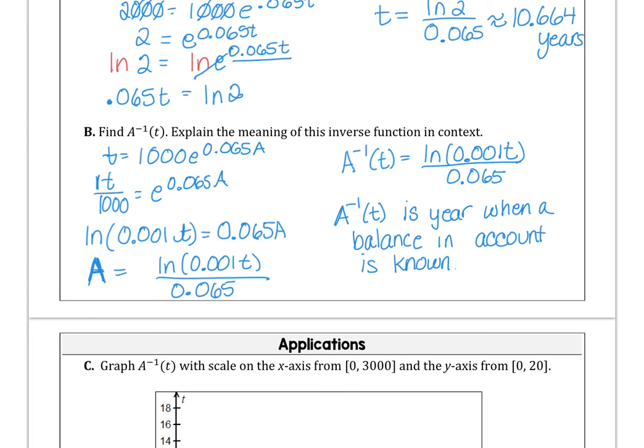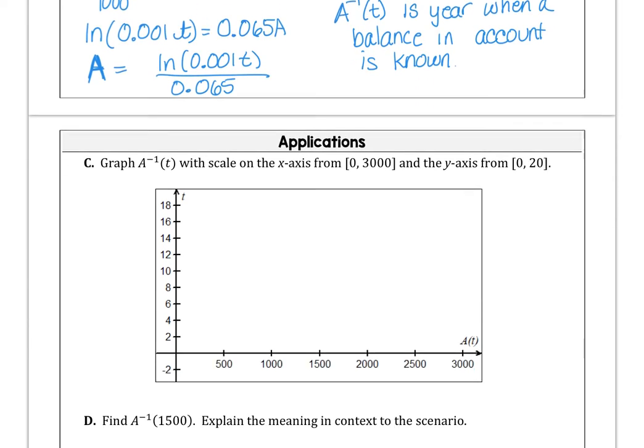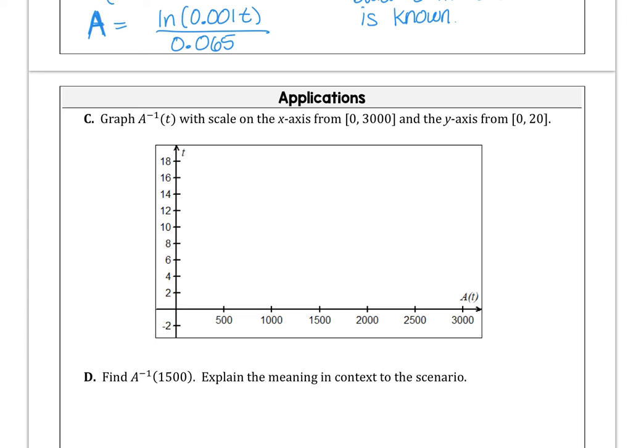Let's go graph A inverse with the scale on the x-axis from 0 to 3,000 and the y-axis from 0 to 20. So we have 1,000 in the first year. Let's see, 1,500 is a little more than 6, 2,000.